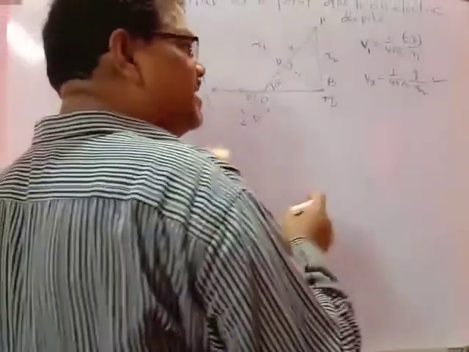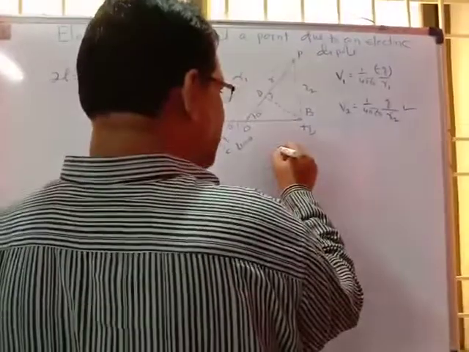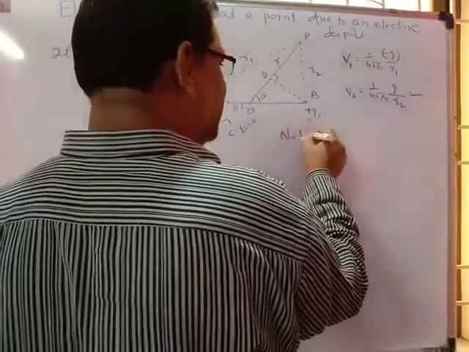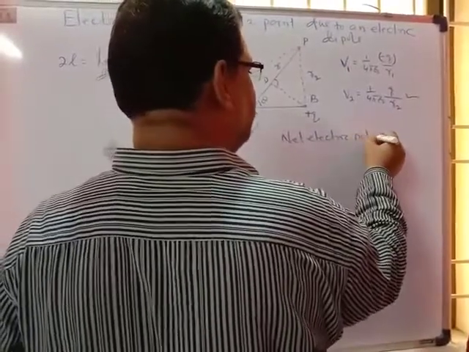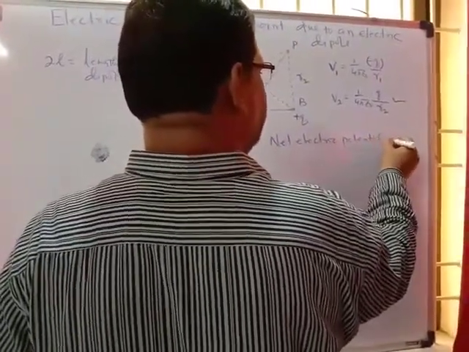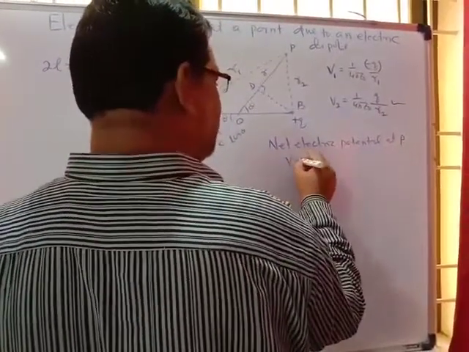So what will be the net potential? Because it is a scalar quantity, simply it will be added. So net electric potential at P, that is V equal to V1 plus V2.